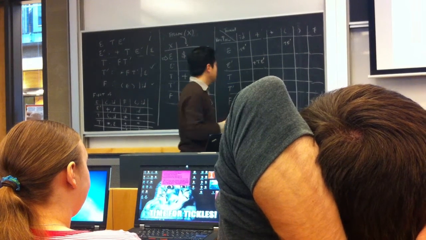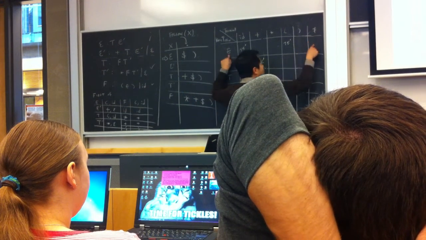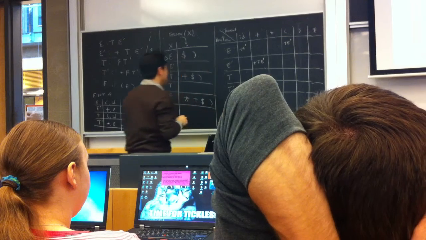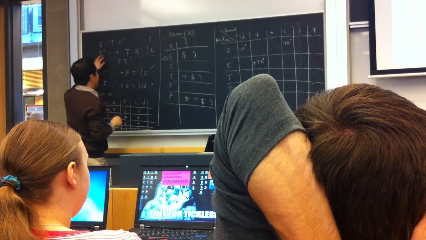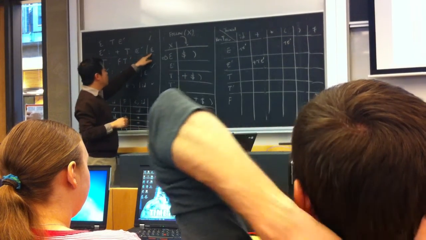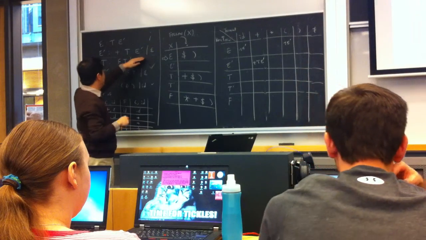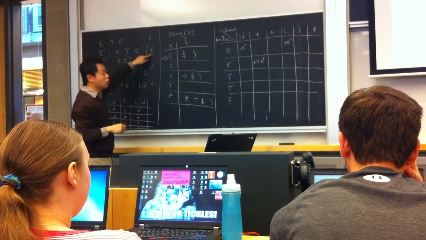I feel like no. Because it'll go E, then already dollar, and then it's no. But E prime can, because E prime can. So now we're doing the next rule, which is E prime goes to the empty string.